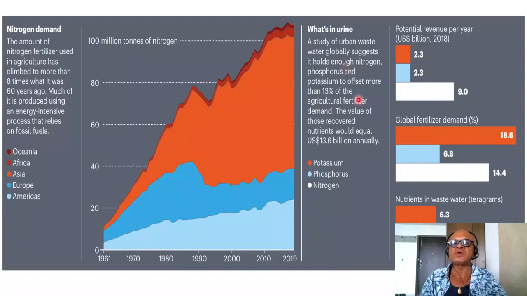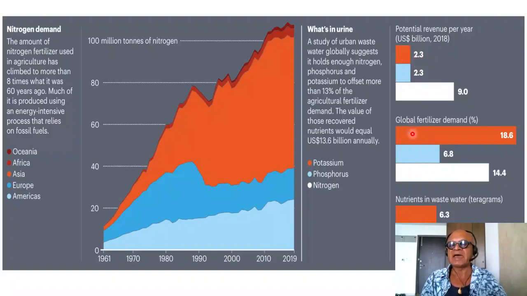What's in urine? A study of urban wastewater globally suggests it holds enough nitrogen, phosphorus and potassium to offset more than 13% of the agricultural fertilizer demand. The value of those recovered nutrients would equal US$13.6 billion annually. So here is the potential revenue per year, US dollar billion, for potassium, phosphorus and nitrogen.